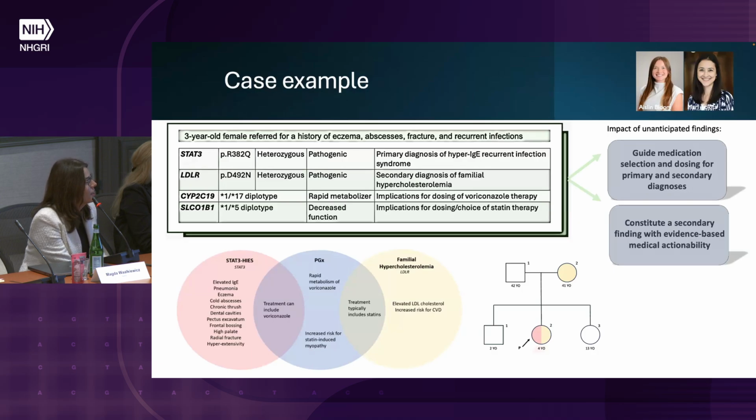For this particular individual, we also had the pharmacogenomic data, and it transpired from that data that this individual was a rapid metabolizer, as conferred by the STAR1, STAR17 allele in the CYP2C19 gene, and she also had an allele that resulted in decreased function of the SLCO1B1 gene.